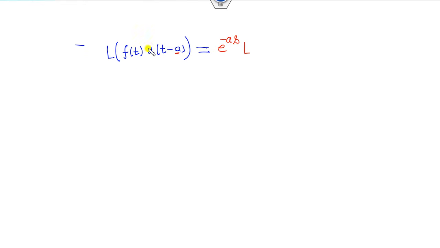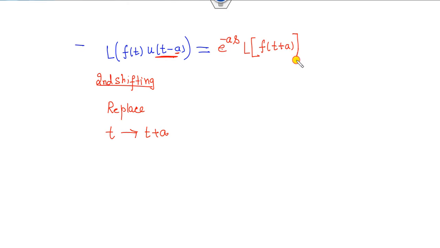And remember, whenever you are using the second shifting theorem, or the unit step function, you have to replace this number by e raised to power minus as, and replace small t by t plus a. So the remaining thing is Laplace of f of t plus a. That will be easy once we see how to solve it with the help of examples.